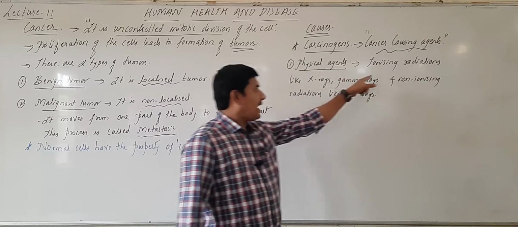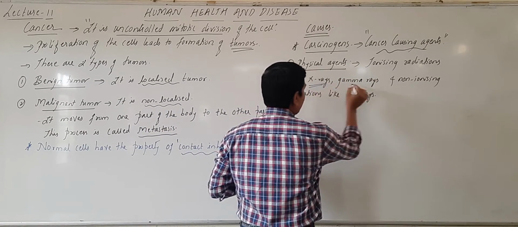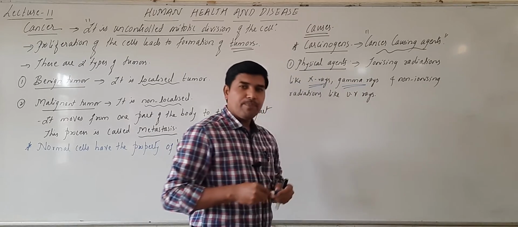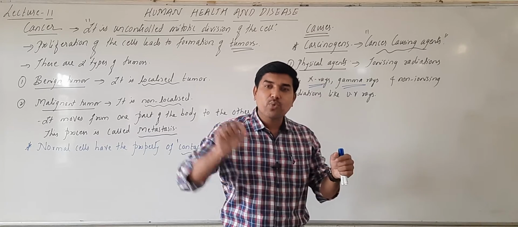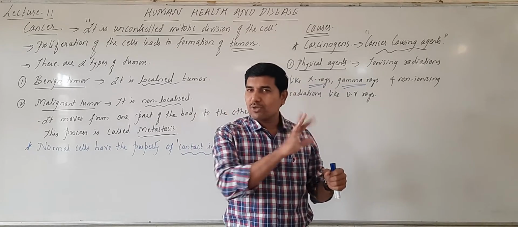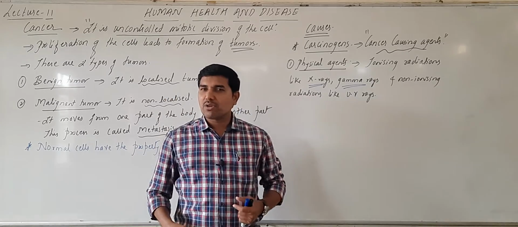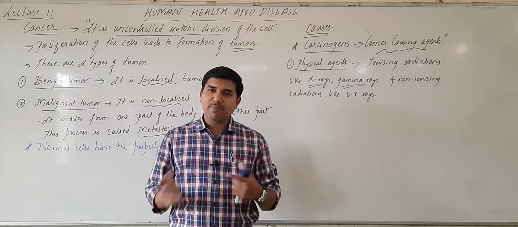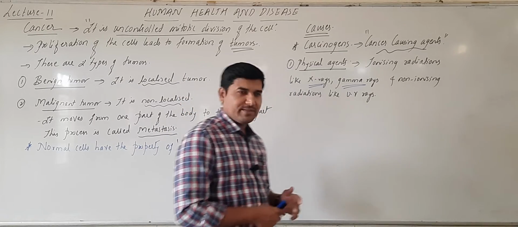So, physical agents: ionizing radiations like X-rays and gamma rays. If we are exposed to X-rays or gamma rays, it is quite harmful because these are cancer causing agents. X-rays will change the structure of the DNA, there might be a mutation, and that mutation may lead to the formation of cancer.